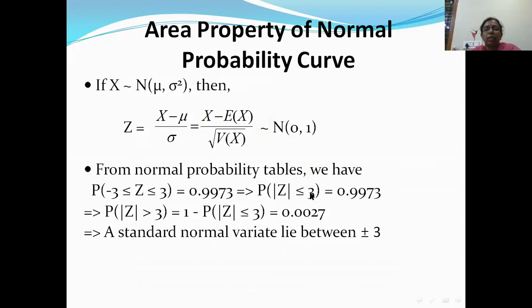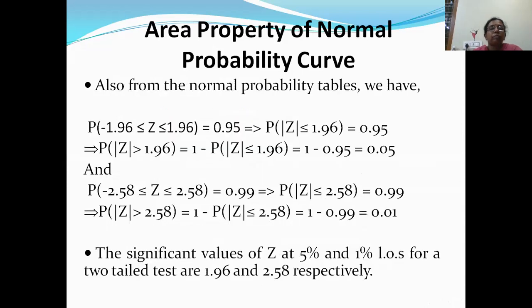When I know mod z less than or equal to 3, I can find the probability of mod z greater than 3, which is nothing but 1 minus the probability of mod z less than or equal to 3. So 1 minus 0.9973 gives 0.0027. Any standard normal variate always lies between -3 and +3.